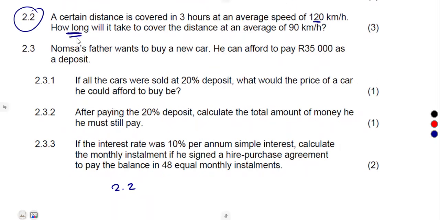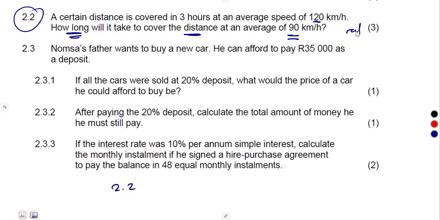How long are we going to take to cover the distance at an average of 90 kilometers per hour? Same distance, but the time is going to be what? I mean, different speeds but the same distance, the distance that is being covered is the same.